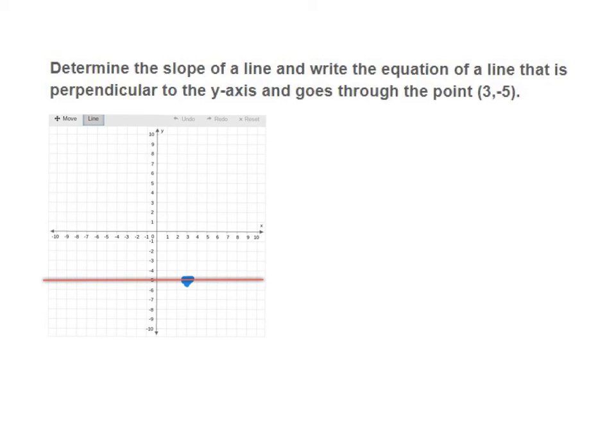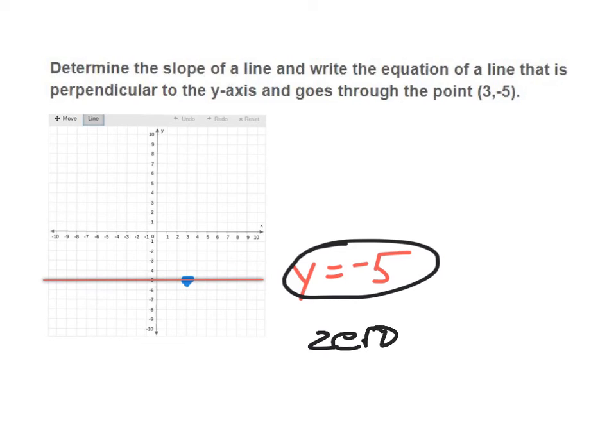So in this equation, y equals -5. That is the equation. We simply got that from the fact that our y is -5. And then again, the slope of a horizontal line is 0, so we have a 0 slope.